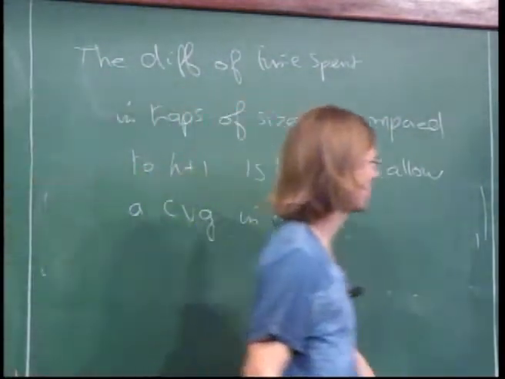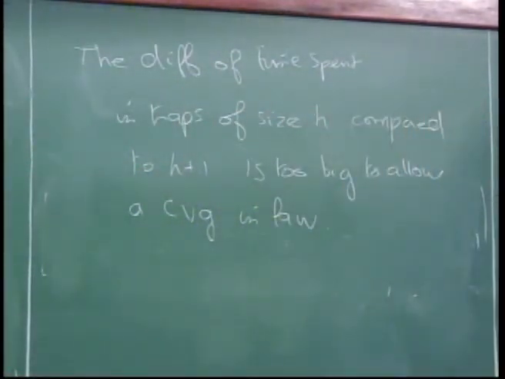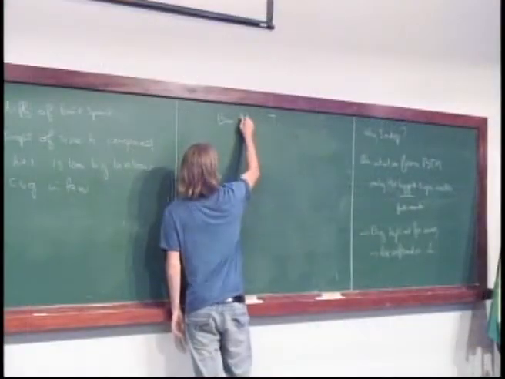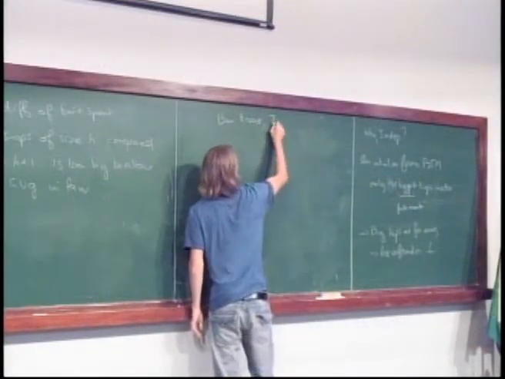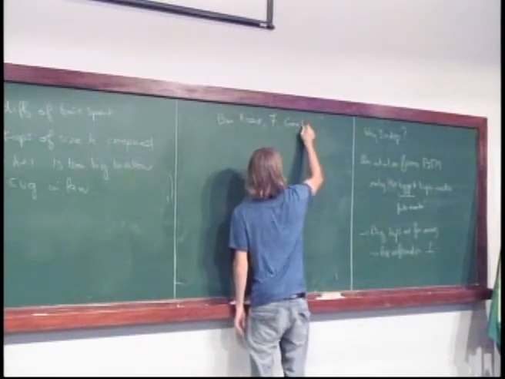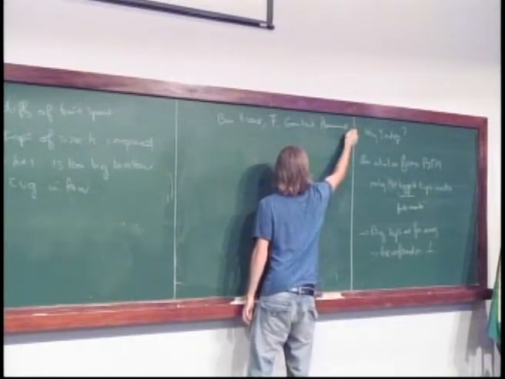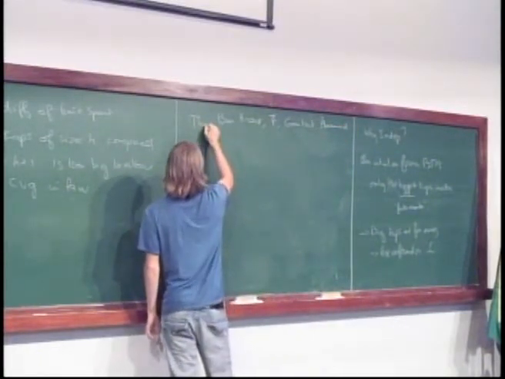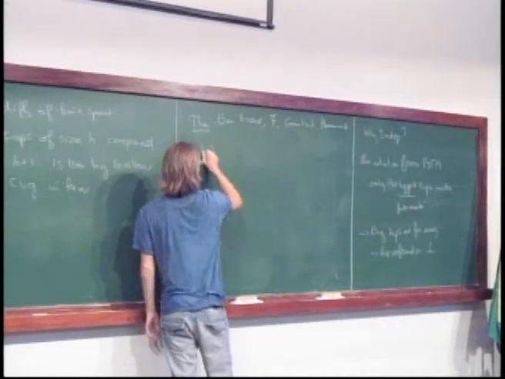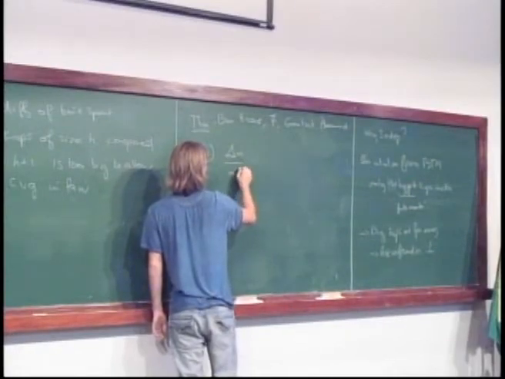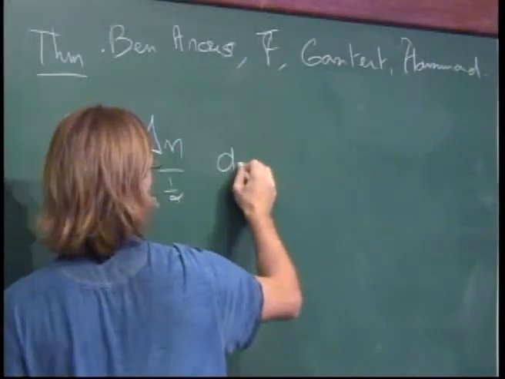So now I'm going to state the theorem that we can prove on this model, which was proved by Gérard Ben Arous, myself, Nina Gantert, and Alan Hammond. So it has several parts. First part is that delta n divided by n to the 1 over alpha does not converge in law.